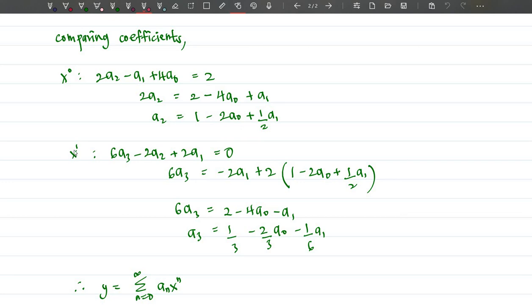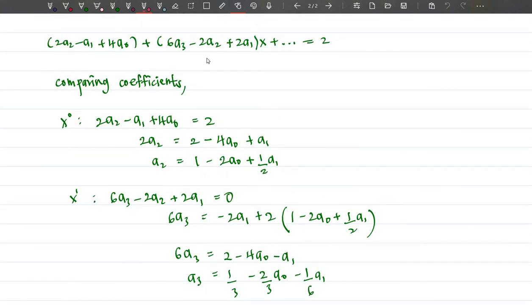And then for x to the power of 1 here, we have these terms. This coefficient is 6A3 minus 2A2 plus 2A1, and we compare it with 0 because this is literally 2 plus 0x plus 0x squared, everything is 0. Because we just have only the constant on the right. That's why here we compare with 0.